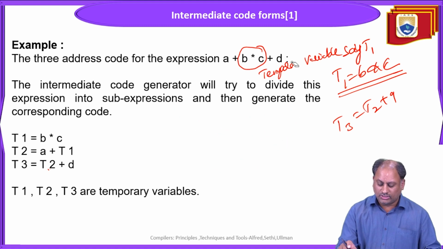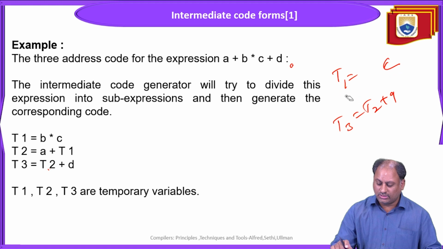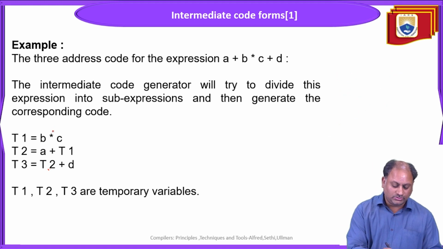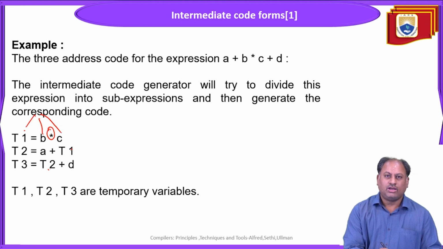So what is the advantage here? You see from the description of this procedure, each statement contains one operator, and B, C are the object references in the first one, and T3, A and T1 in the others. Here this is the operator, and the object references are T3, T2.